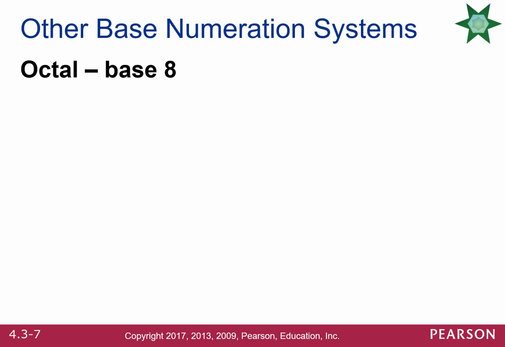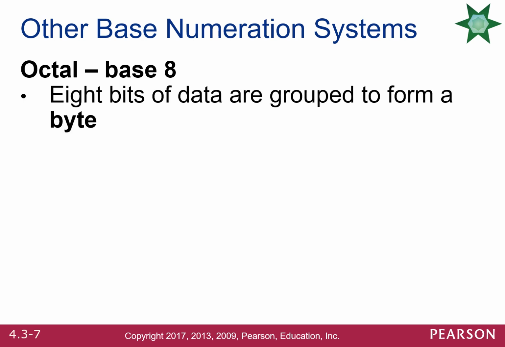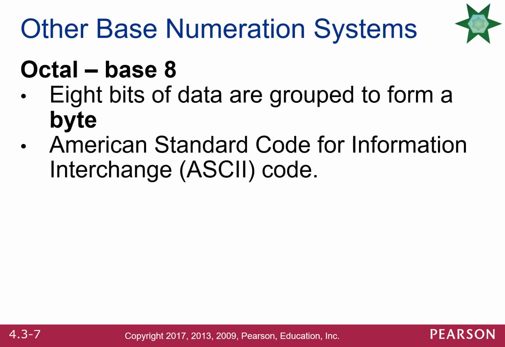Now, the octal or the base 8 system is a group of 8 bits of data, and 8 bits of data combine to form what is called a byte. So a byte is nothing but a combination of 8 bits. And that's why we use the word octal to represent base 8.